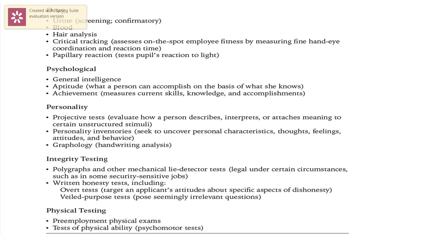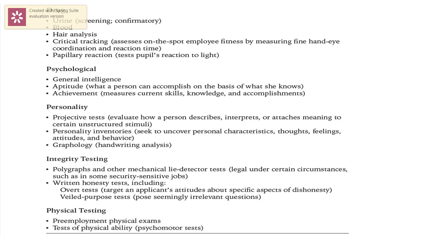Physical tests are basically a sort of test to ensure and check the person's physical abilities, because there are certain jobs which require you to be physically fit. For example, the jobs of class 4 employees or the people who are working on the operations in the production unit require you to be physically fit.